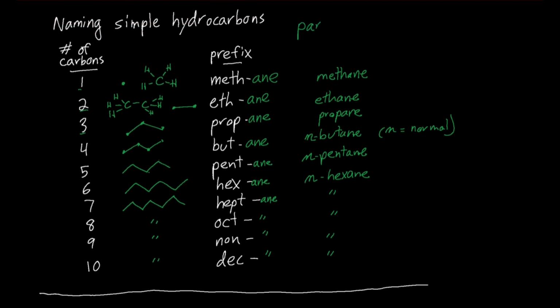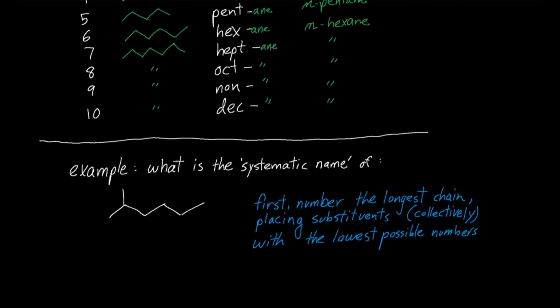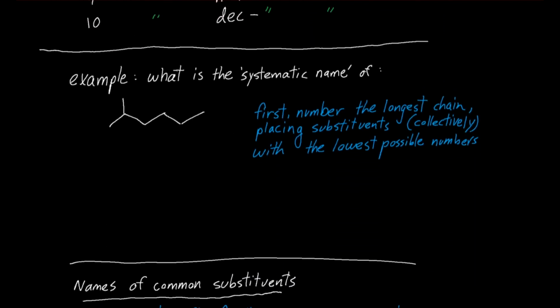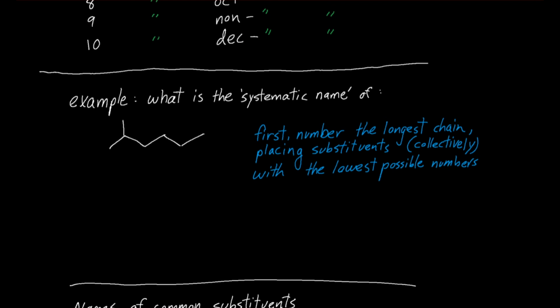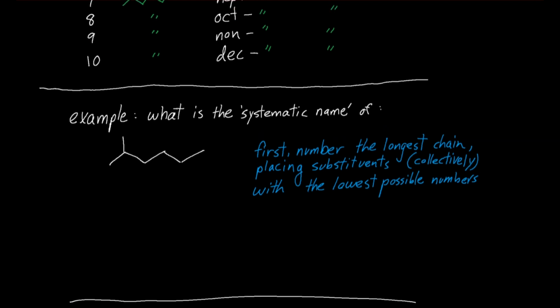Parent chains, when we do naming, I'm gonna call them parent chains. You'll see why. So here's an example of naming. What is the systematic name of this structure?